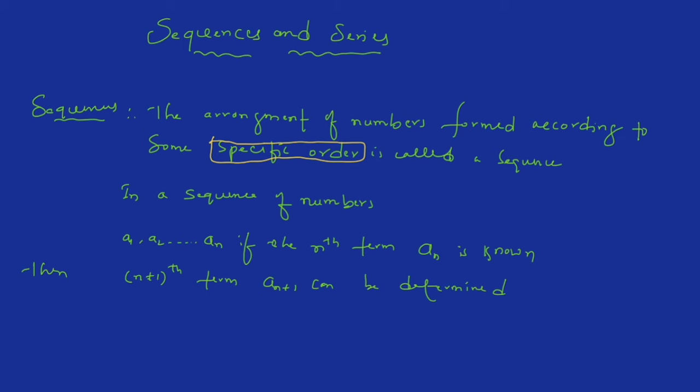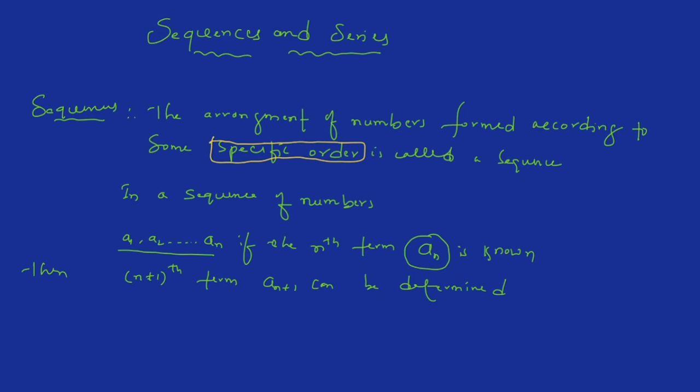So nth term is an, n plus 1th term is a n plus 1. Usually we denote the numbers in a sequence as a1, a2, a3, and so on up to an, right? So nth term we usually say an, right?